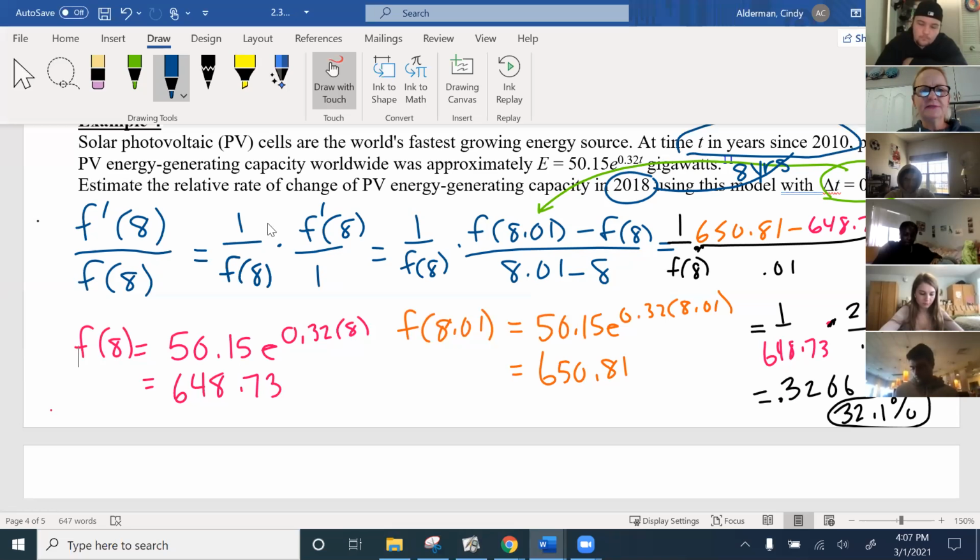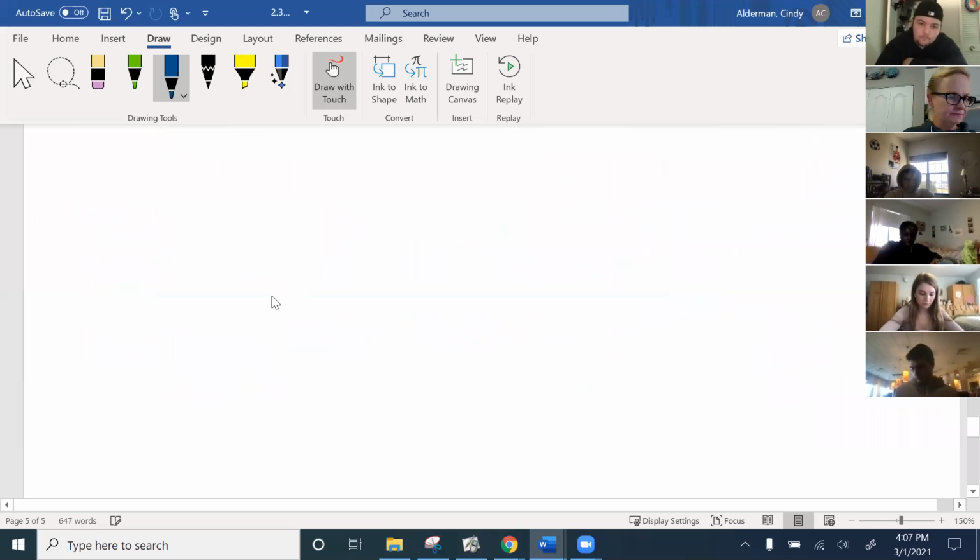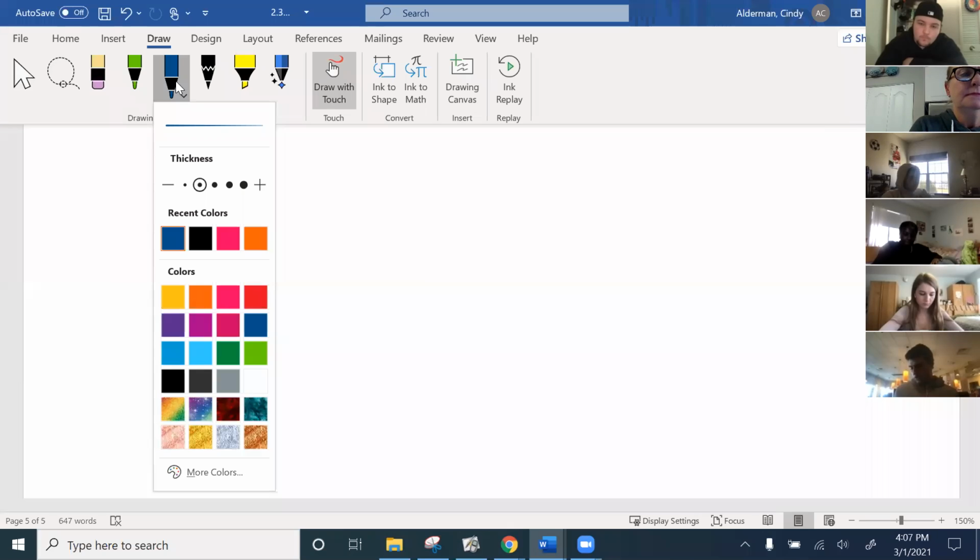All right, we have a few minutes left. I want to do one other extra example because I was looking through the Wiley problems and I want to make sure we're clear on this. So let's say you had a function f of x.